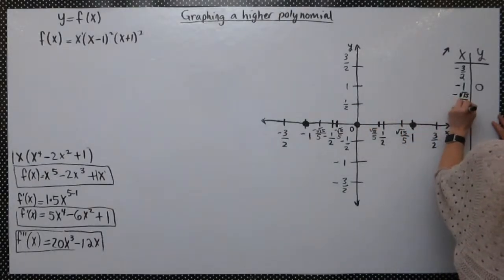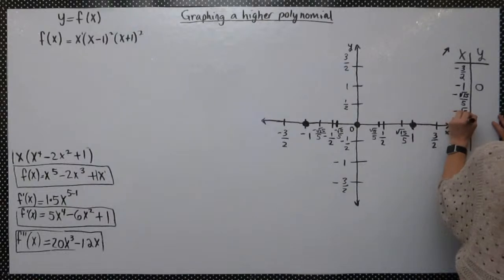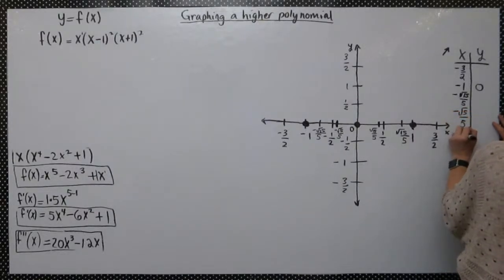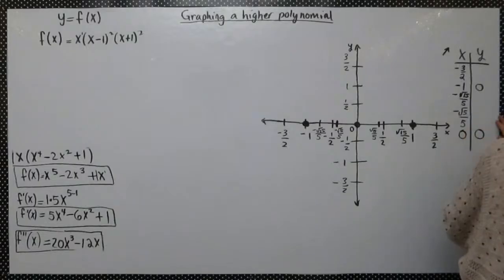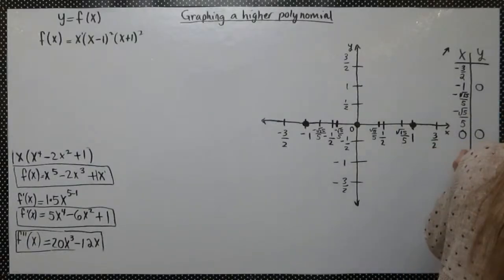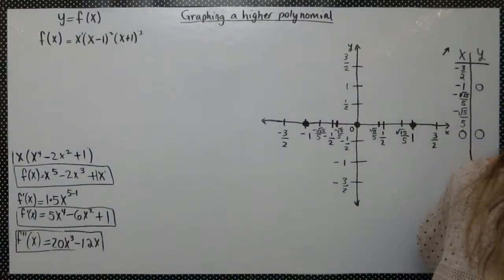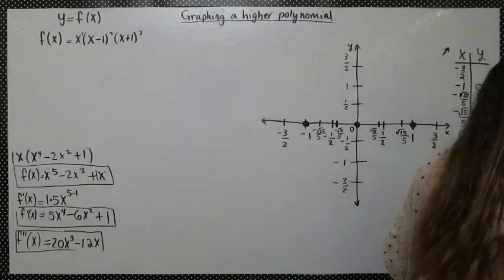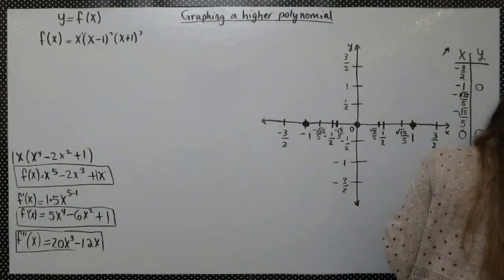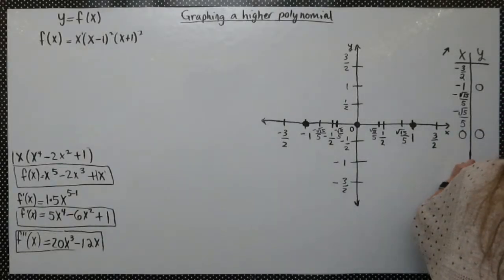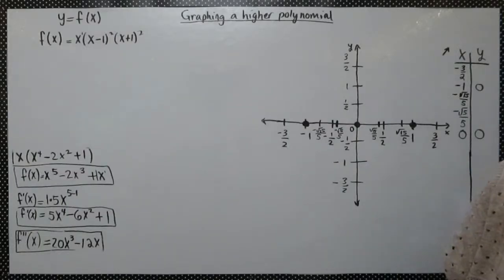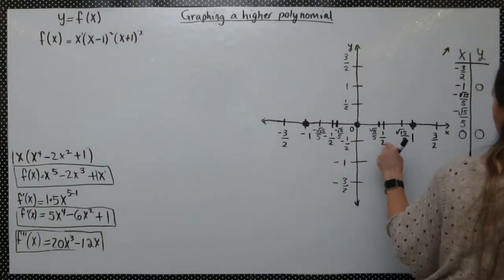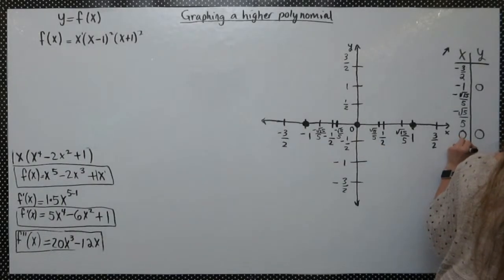Negative radical 5 fifths. And 0, we already know it's 0. We're going to that one, and then draw a straight line. Positive radical 5 fifths.